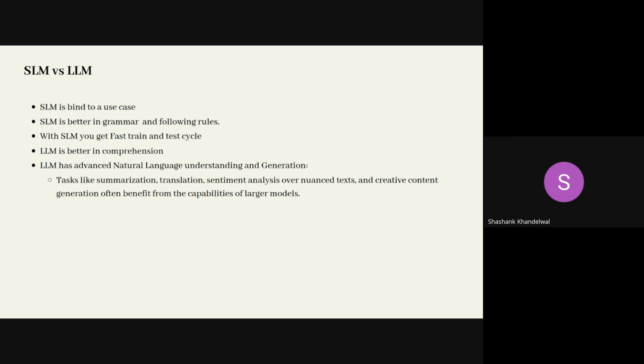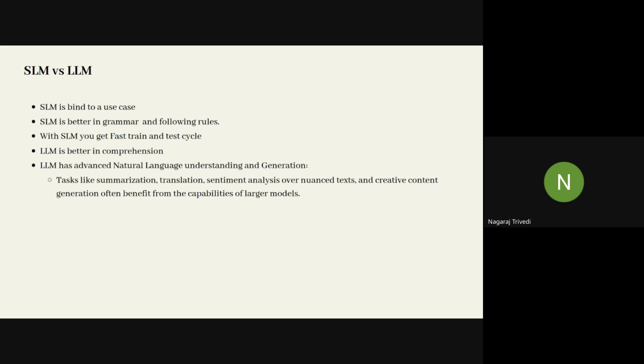So your train and test cycle will be better and faster, and it will consume fewer resources. We will use fewer GPUs. Even for deployment, an SLM can be deployed on your cell phone, as these are such small models. So there are a lot of advantages of SLM, and resource-wise it consumes very little.